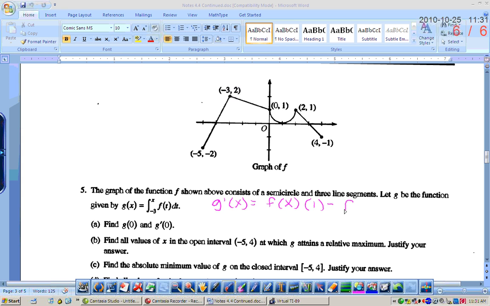Minus, plug in the bottom limit, times the derivative of -3, which is 0. So basically, g prime of x equals f of x. So this is the graph of f, but this is also g prime.